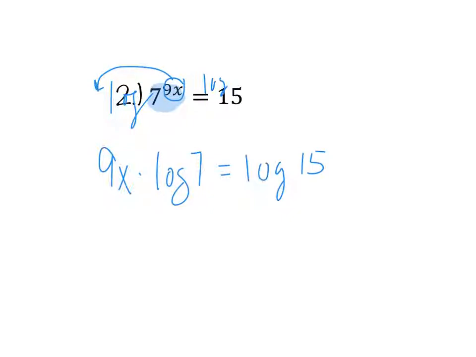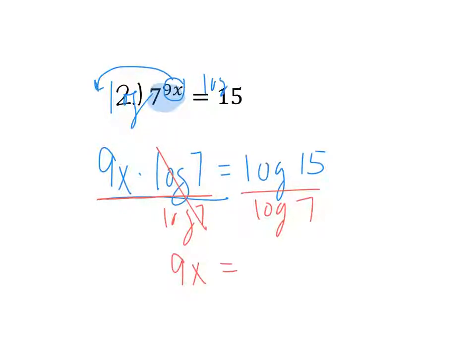And just like before, we're solving for x. So we're going to divide, and let me change colors here. We're going to divide log 7 over to the other side. That'll cancel out, giving me 9x equals, I'll do log of 15 divided by log of 7 is 1.39.